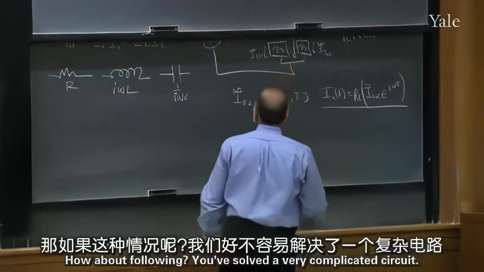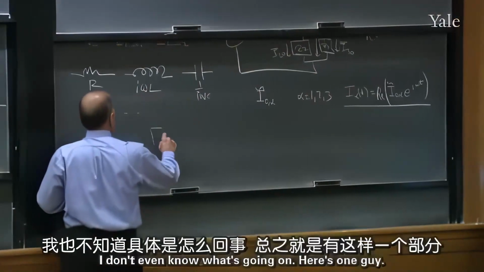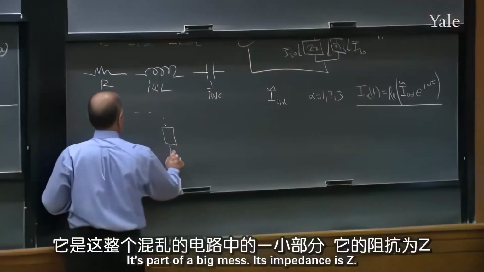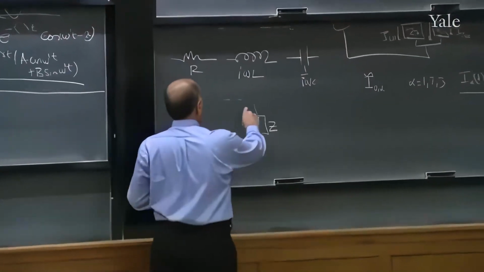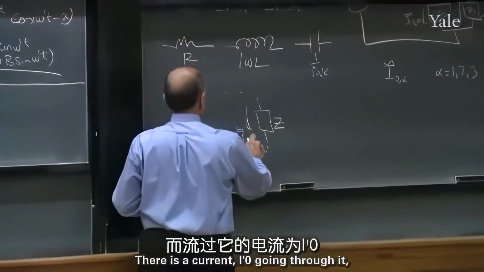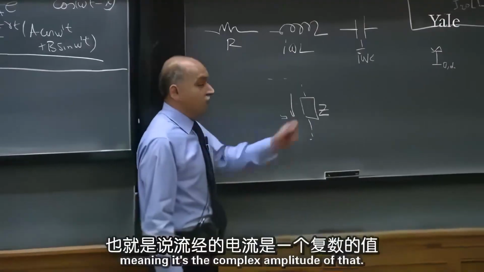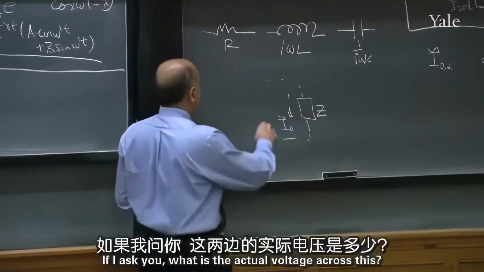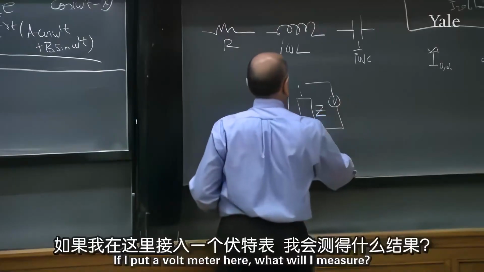How about the following? You've solved a very complicated circuit. I don't even know what's going on. Here is one element, part of a big mess. Its impedance is Z. Let us say the current I twiddle 0 goes through it, meaning it's the complex amplitude of that. If I ask you, what is the actual voltage across this? If I put a voltmeter here, what will I measure?